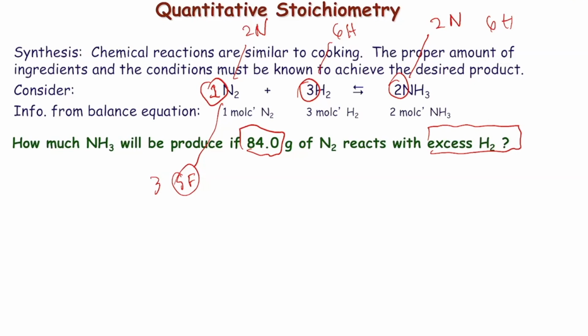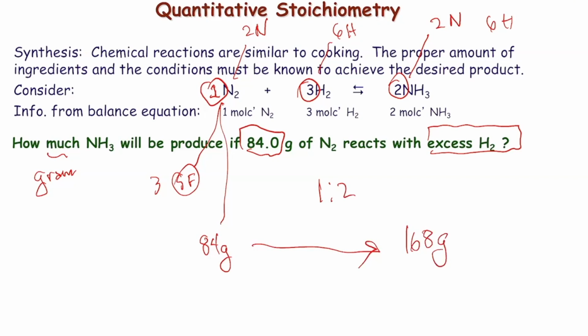The nitrogen would be the limiting reagent, the hydrogen would be the excess, and you're trying to figure out how much ammonia is produced. And when you say how much, it's usually how many grams. So if I have 84 grams of nitrogen and I see from the balanced equation it's a 1:2 ratio, don't do this.